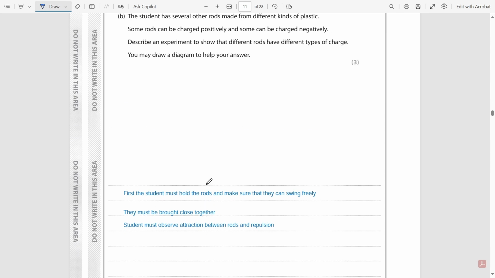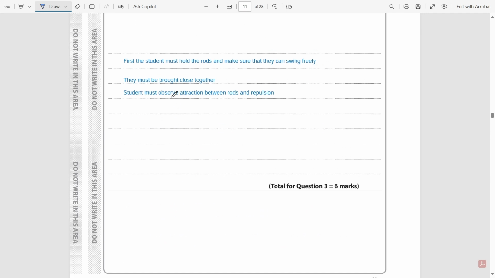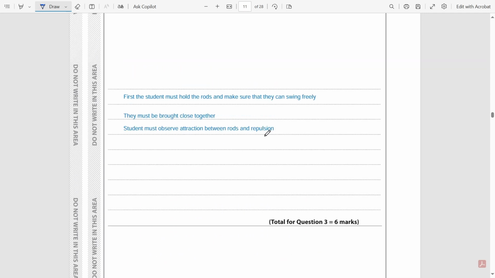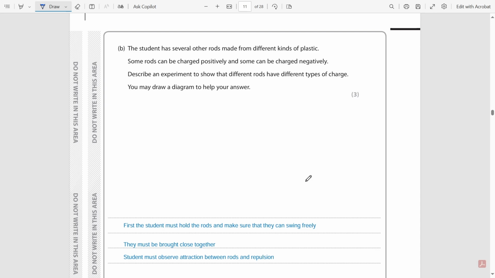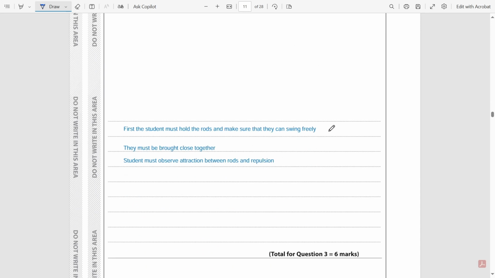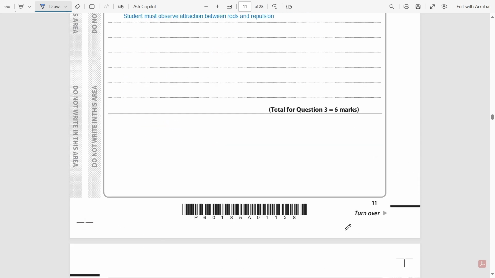Well, we kind of can, because attraction is between two oppositely charged, but I'm still going to say repulsion because I guess we want to check for variables, a control variable, just in case it's not for some reason electrostatic attraction or repulsion.